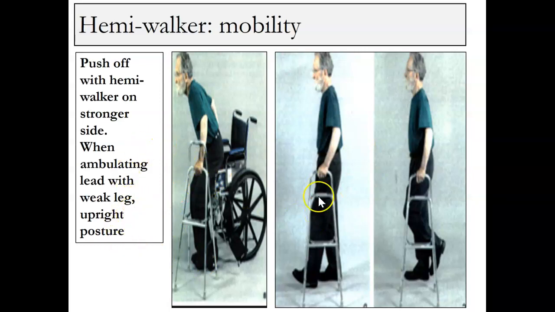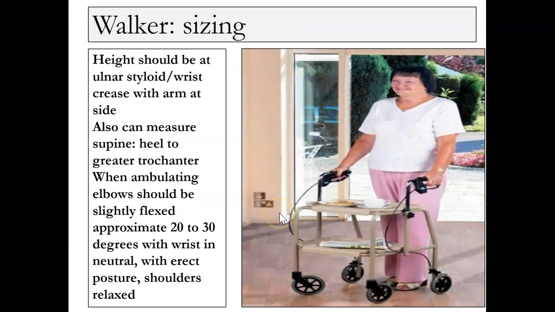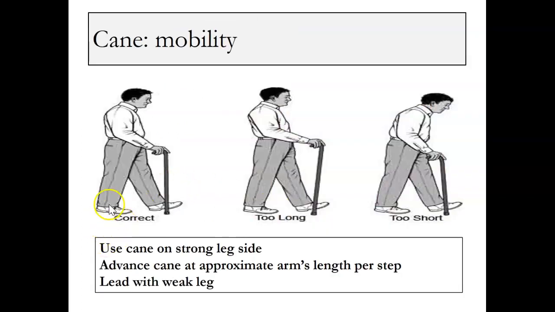When ambulating, always lead with a weak leg. So in here, as he's ambulating, he's leading with his left leg, which is his weak leg. Here, if somebody's ambulating, the cane is always on the strong side. So this is his strong side, his right side, and he's leading with his weak leg, which is his left leg.